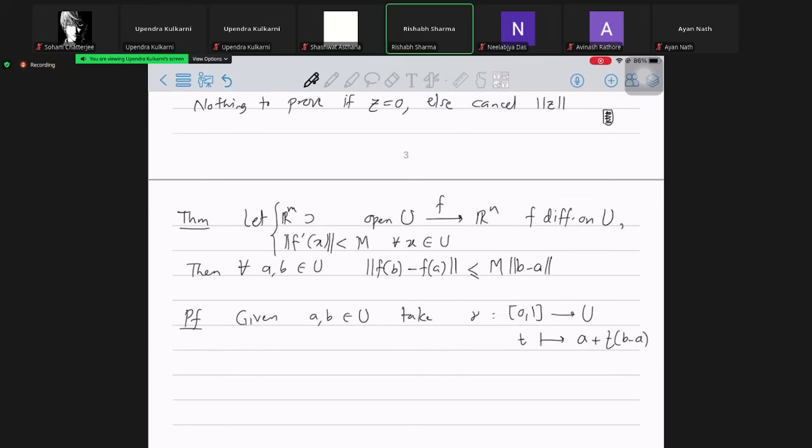We need convex U. Yeah, so you see, I merrily wrote this gamma is a function from [0, 1] to U. See, if I want to apply the theorem to what? The composite function [0, 1] to U to F to R^n, right? I need the target of this set, this entire target to be in U. Because otherwise, what is the meaning of the composite function?